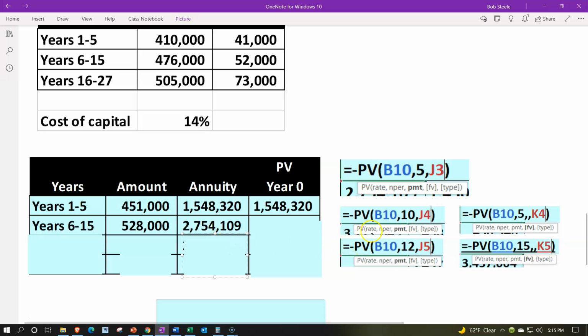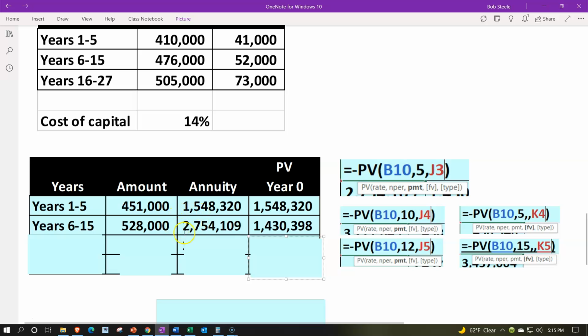That calculation is the present value of the 14%, comma, 10 periods. 10 periods because 10 periods 6 through 15. And then comma, the payment's going to be that $528,000 to give us the $2,754,109. Now that one then we have to bring back to the present value because this is now 5 years out.